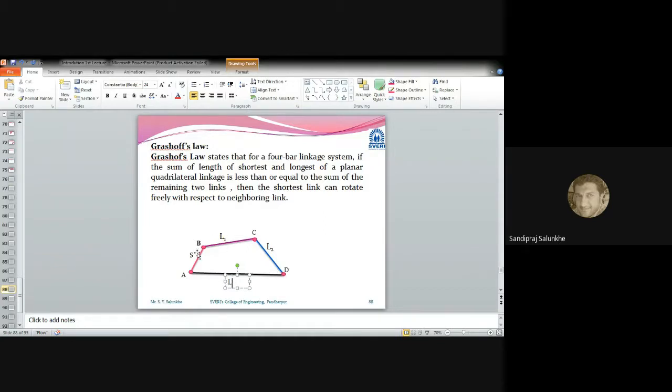So what he is saying, that this S plus L should be less than or equal to this L1 plus L2. So I'll write here the mathematical formula for that.